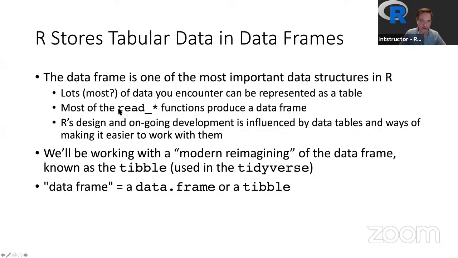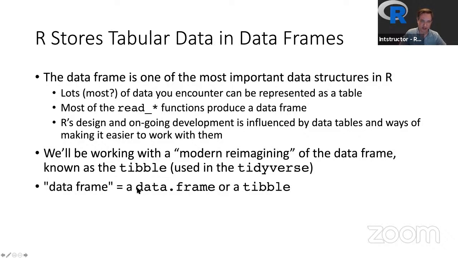I very briefly went over the idea that we can read CSV files into R using the read_csv function. That's available through the tidyverse package. The thing this returns to us after the read is usually a data frame. We don't get a vector back, we don't get a single number back, we get a data table back out. So that's important to know.